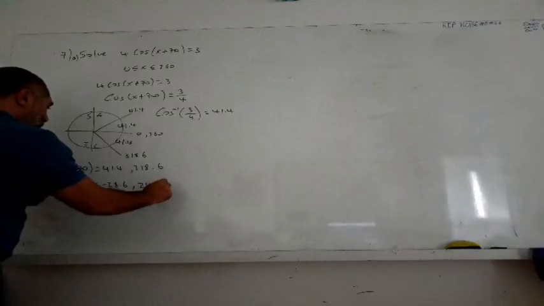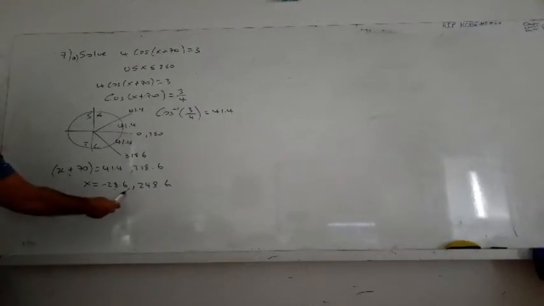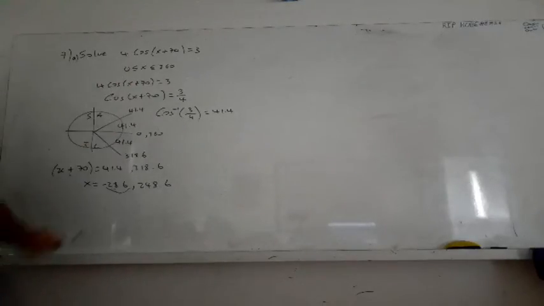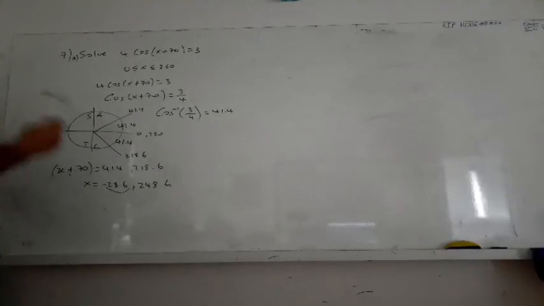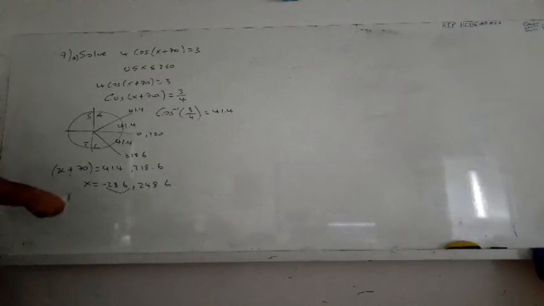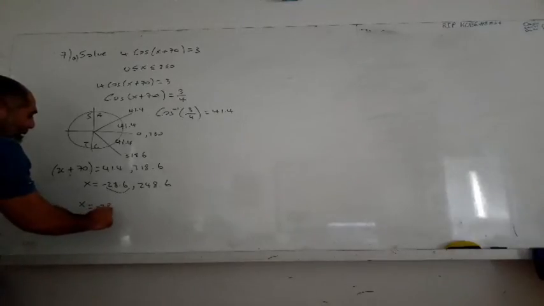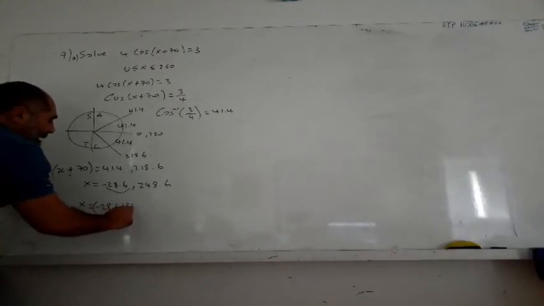We have a negative number here. We have only one option. We have one way to make it positive. Add 360 to that number. You don't need to add or subtract anything for this one. It is in the range.